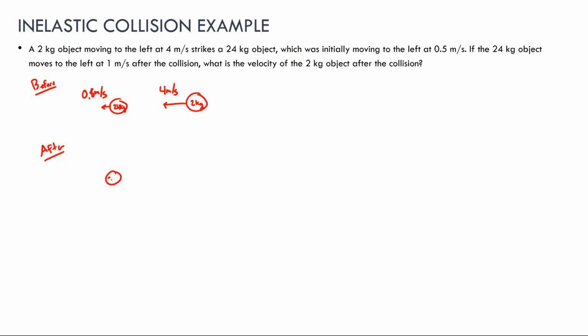After the collision, we have the 24 kilogram object moving to the left at 1 meter per second. And then we don't know how fast the 2 kilogram object will be moving.